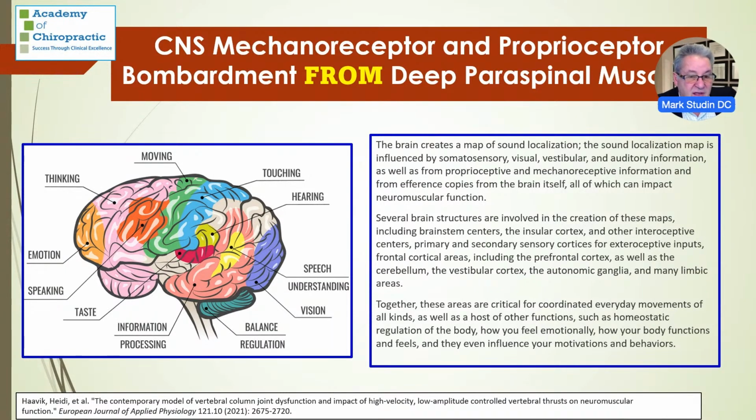Together, everything is critical for coordination of everyday movement of all kinds, as well as a host of other functions, such as homeostatic regulation of the body, how you feel emotionally, how your body functions and feels, and they even influence your motivation and behavior. When everything is out of sync, your body's not functioning.